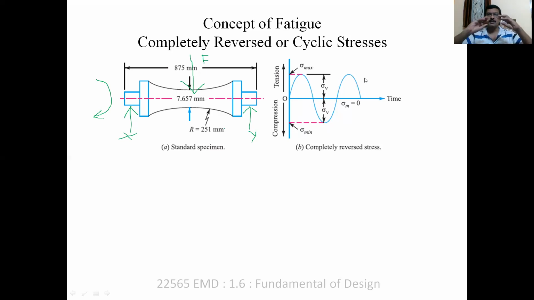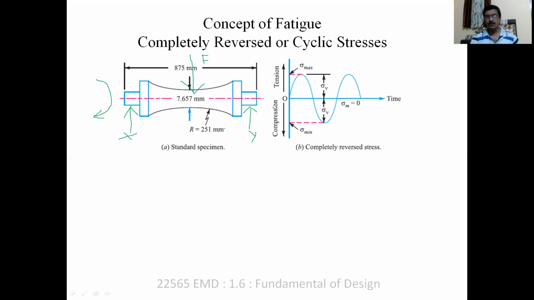As it is a rotating part, every time it is going to bend. Because of the bending, the top point which comes directly below the load gets compressed, and the point exactly at the bottom side of the shaft gets stressed. So tension and compression is going on. That's why this curve is a sinusoidal curve.